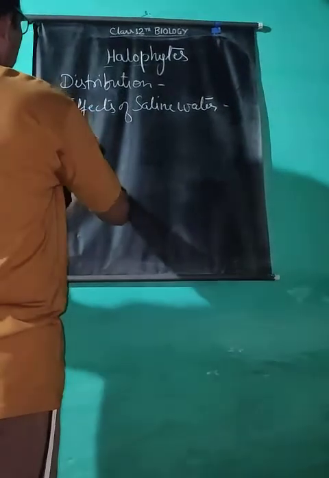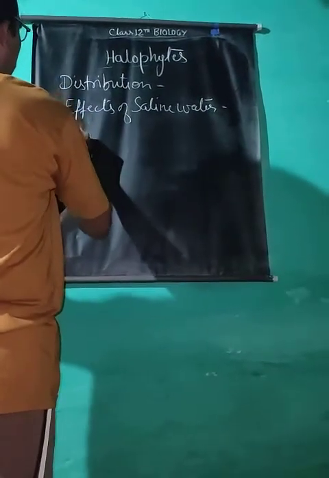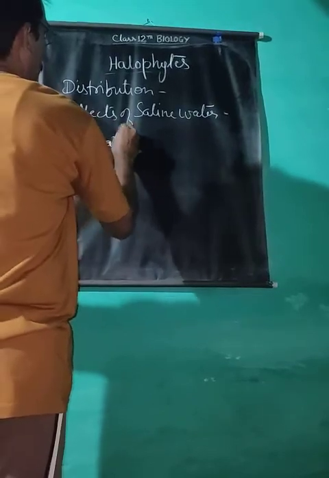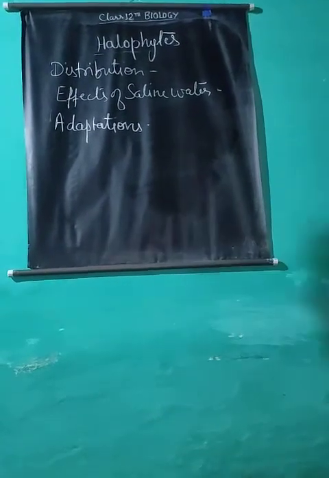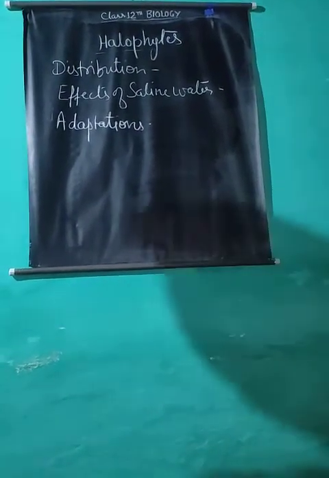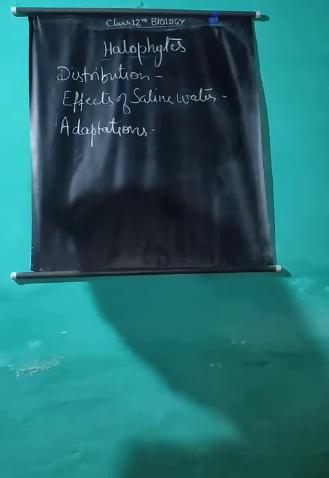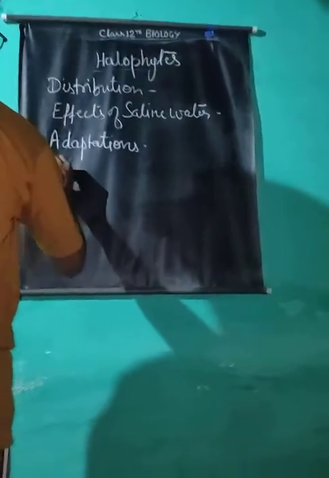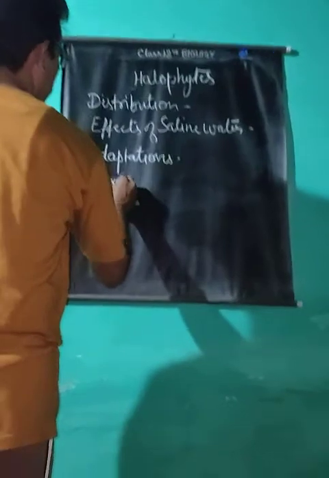Adaptations in mangrove plants to salinity or saline soil. Important adaptive characters of mangrove plants are: fixation.